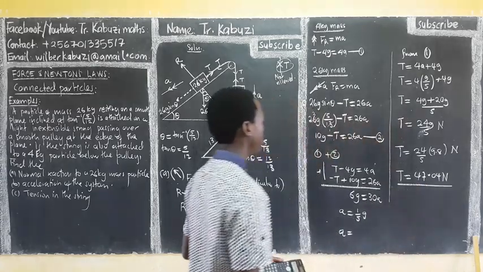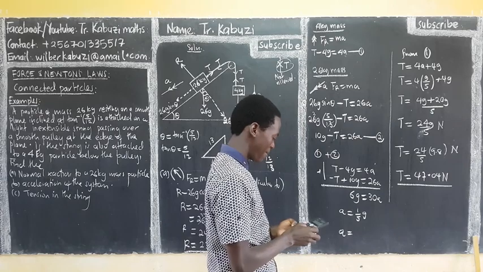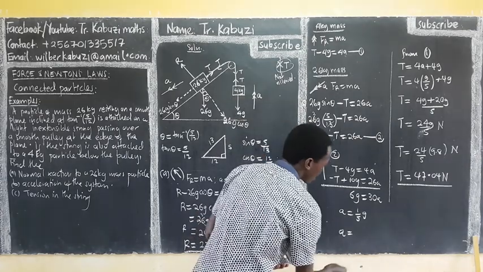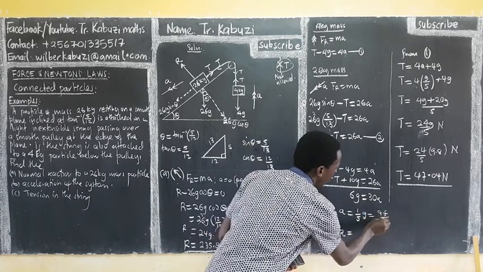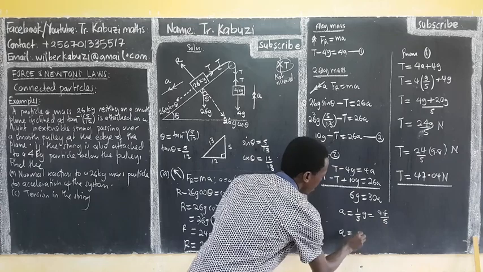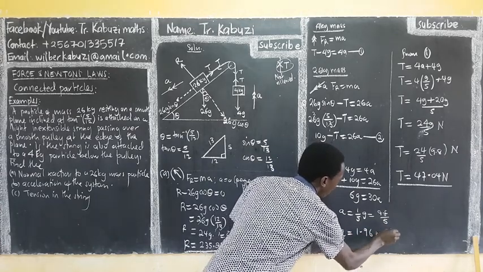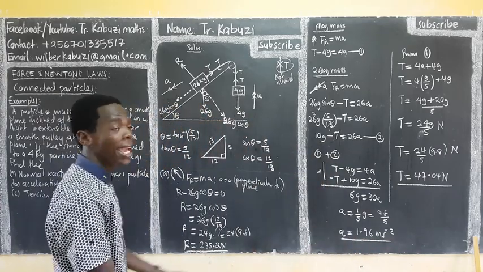And you smile. Then the acceleration is 9.8 divided by 5, which is 1.96 meters per second squared. Don't forget to put units there. And life goes on like that.